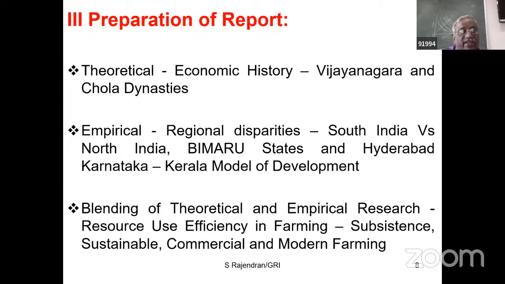And also blending both theoretical as well as empirical research, like in the area of resource use efficiency in agriculture development, through subsistence farming system, sustainable farming system, commercial farming system, and the modern farming system. So each system within agriculture does have a different orientation, both theoretically as well as empirically.